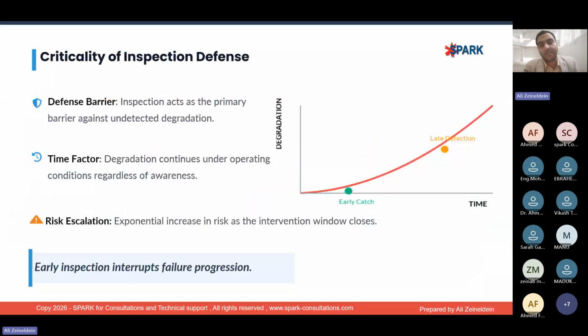Inspection process or inspection operation.